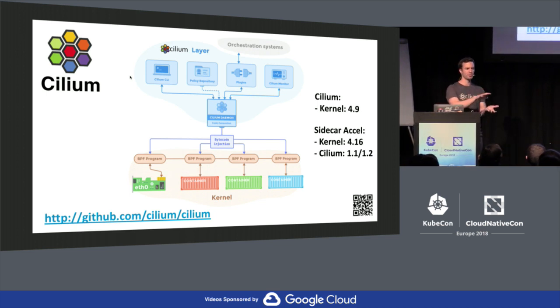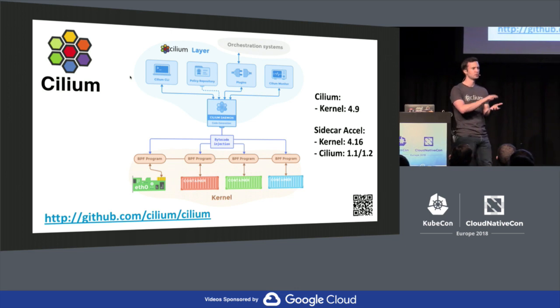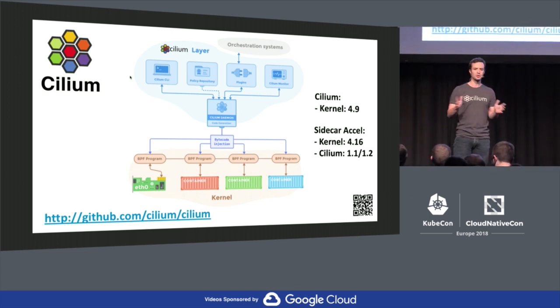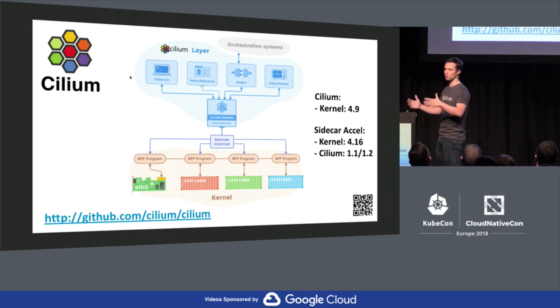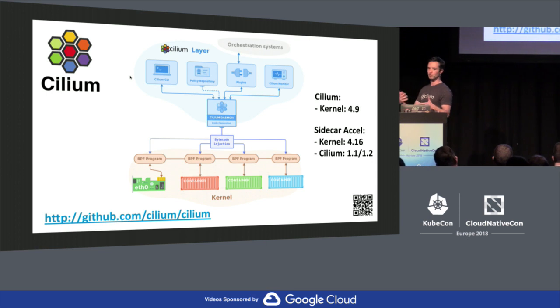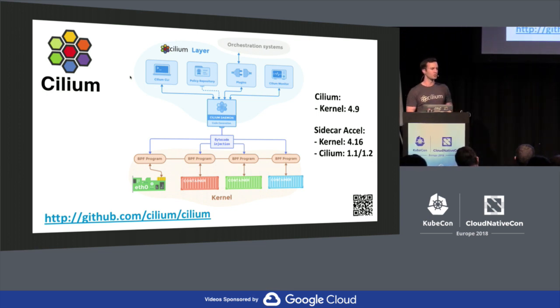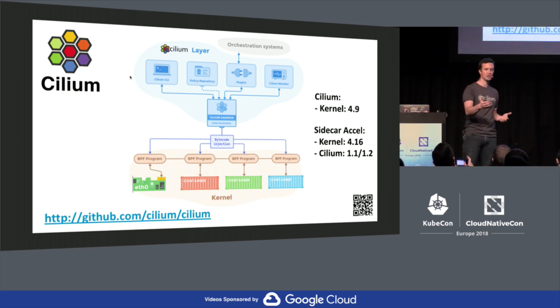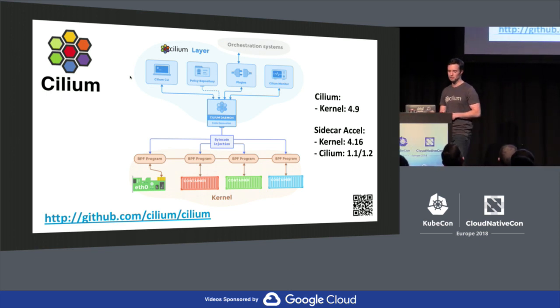But the main requirement to get this is for Cilium itself, you need to run a Linux kernel that is at least 4.9. Most distributions, for example, if you're running Ubuntu 18.04, you get this out of the box. CoreOS, you get this out of the box. For older distributions, let's say Ubuntu 16.04, there are official packages, so you may need to reboot once to run a more recent kernel than the default one.